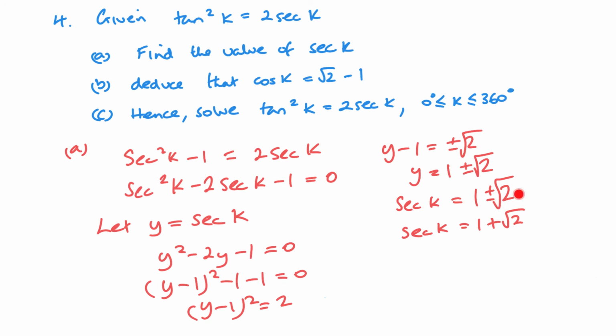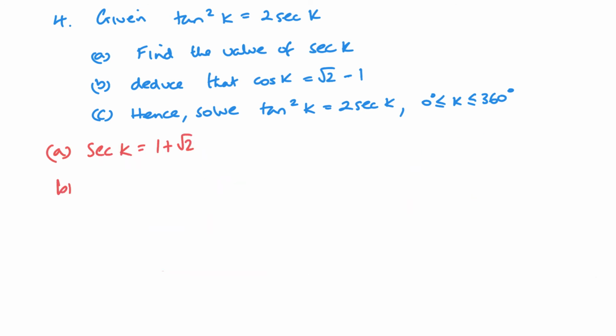And if you look back at the original tan squared, this has to be a positive number, 2 times sec k would have to be a positive number, so we're going to use the positive. Okay, part B. So 1 over cos k equals 1 plus root 2.